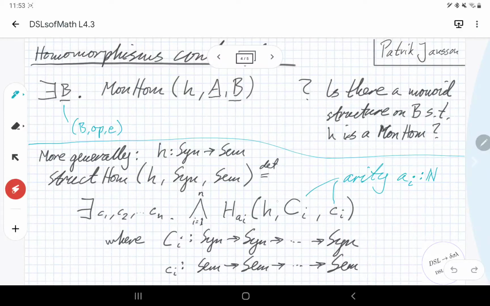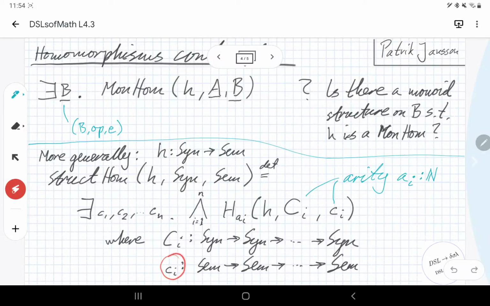In each case, this same function h should take the constructor to the semantic function. And those should both have the same arity ai, which is a natural number for each i. If you write out the types to recognize this pattern, you see we have the h transforming us from the syntax world to the semantics world. All of the constructors ci are purely in the syntactic world, taking as many arguments as indicated by the arity.